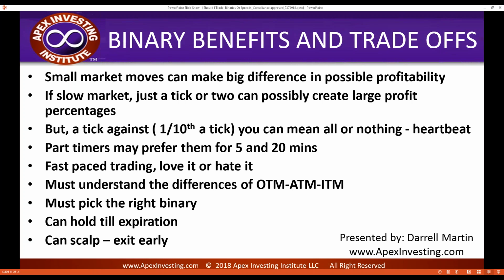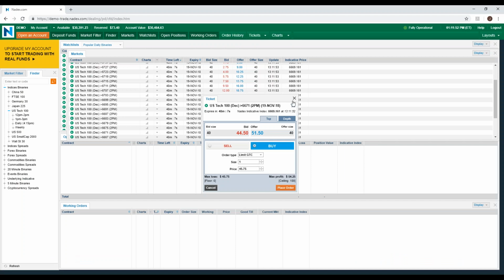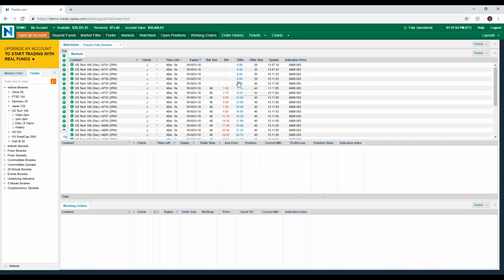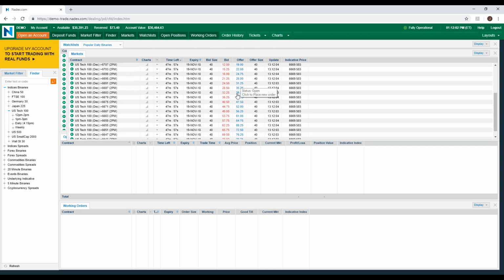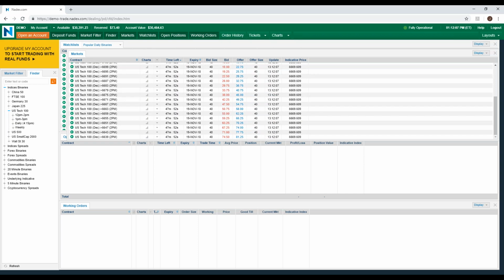And you have to understand the difference between out of the money and at the money and in the money binaries, all right? And what I mean by that is there's all kind of different binaries in here, right? You can see binaries here. This is the offer side, the price you can buy them for. The bid side is what you could sell them for. You've got very low risk binaries. You've got binaries kind of right in the middle, priced around 50. And you've got in the money binaries in the 60s and 70s and so on.